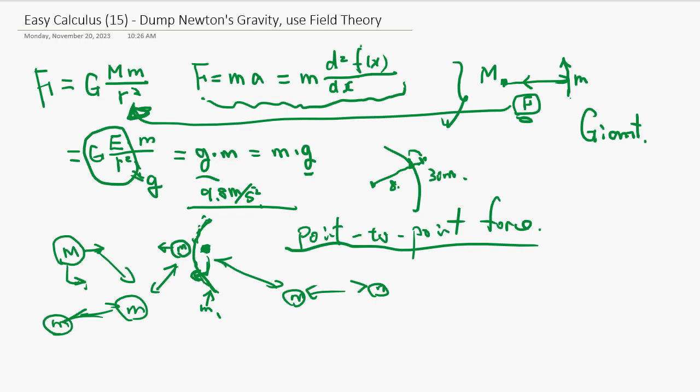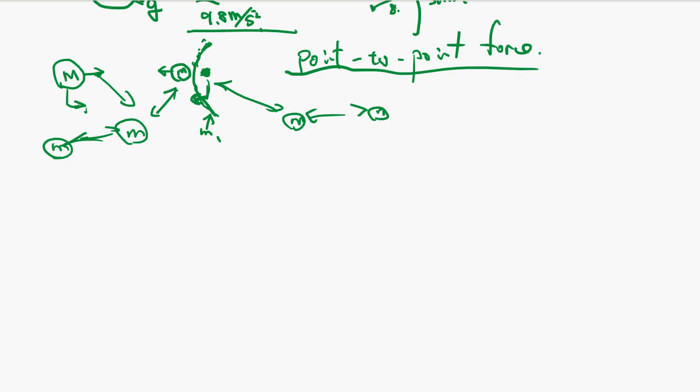Okay, so this was the early physics, right? Physics said it's point to point, but it changed when electromagnetic force was studied. Like Coulomb, you have plus charge and negative charge, then they attract each other.